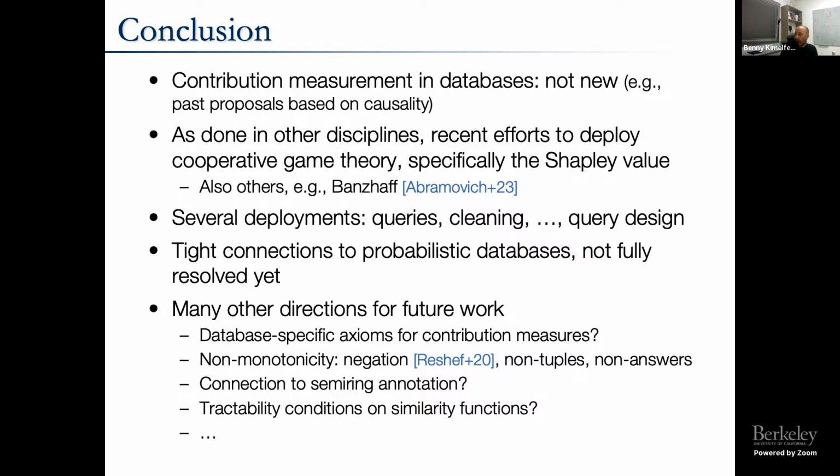We've been looking at the application of cooperative game theory, and I talked about several deployments: database queries, database cleaning, query design. There are tight connections to probabilistic databases, there are some interesting open problems there, and there are many interesting directions for future work.